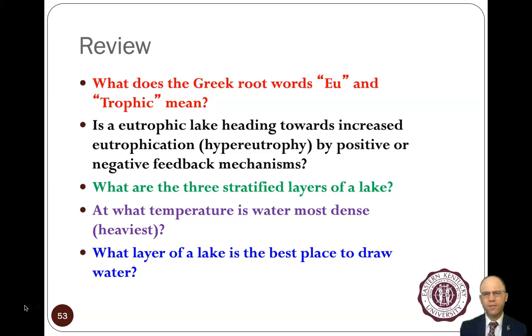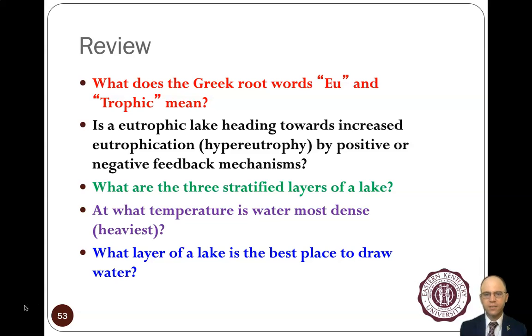All right, I'm not going to emphasize what the Greek root word "eu" means. I'm not quite sold that it means self-feeding for eutrophic, but the trophic definitely refers to feeding. If a eutrophic lake is heading towards increased eutrophication, we would consider that to be a positive or negative feedback mechanism.